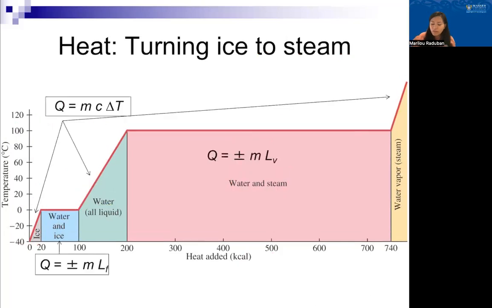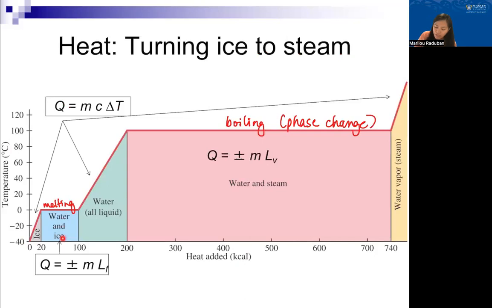So in terms of equations to use, when you're undergoing phase change, this was the boiling, which is water changing phase from liquid to gas, and this is the melting, which is also a phase change, with ice changing phase from solid to liquid.